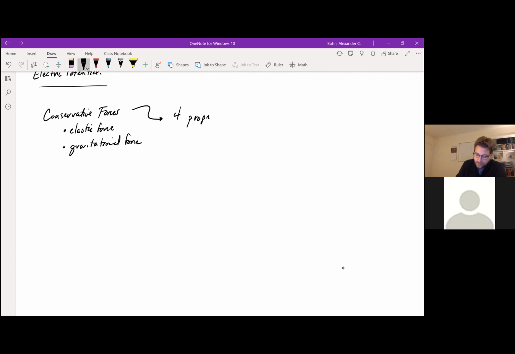I'd like to remind you that there were four properties of conservative forces.